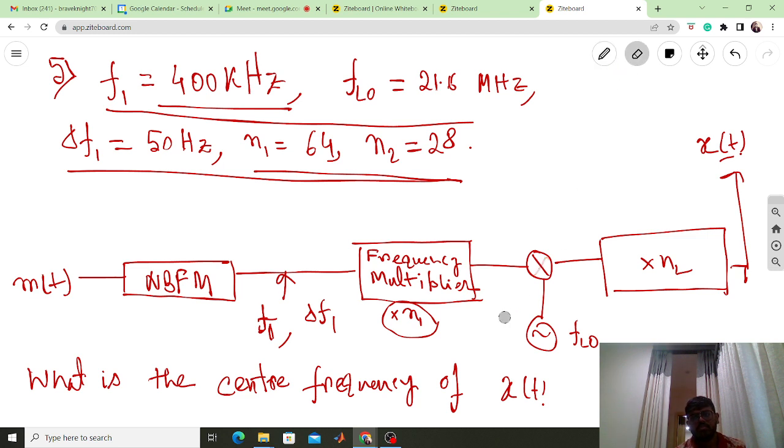What is the frequency of the output of this local oscillator after multiplying?